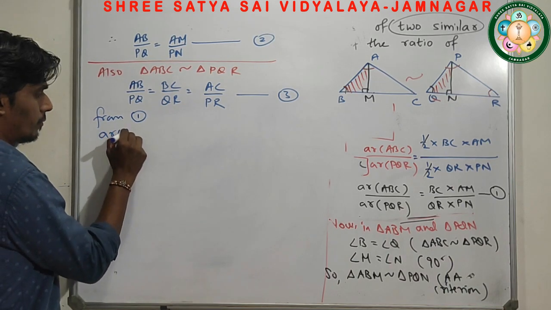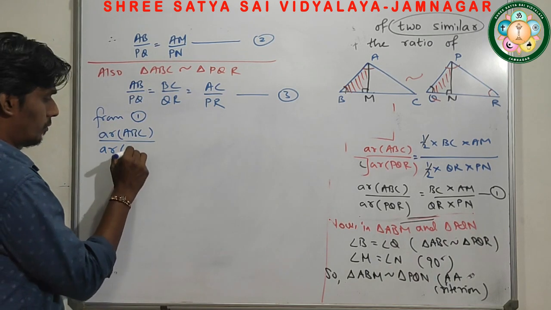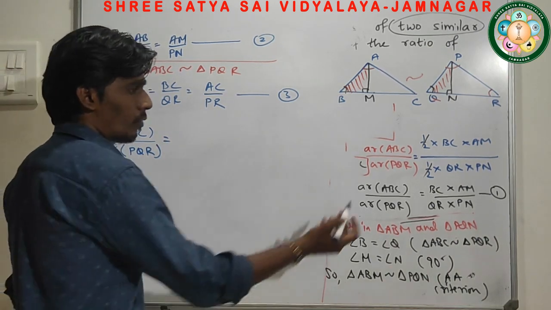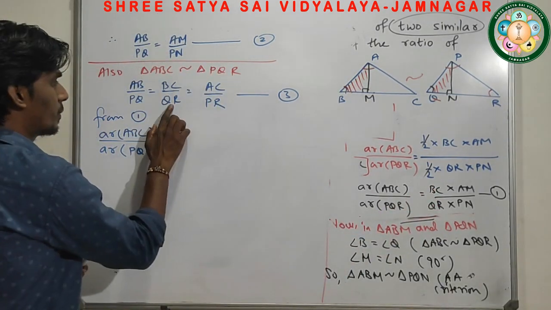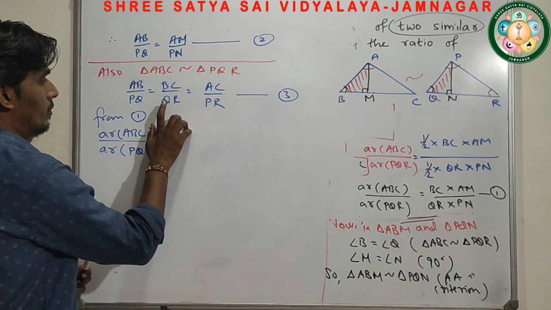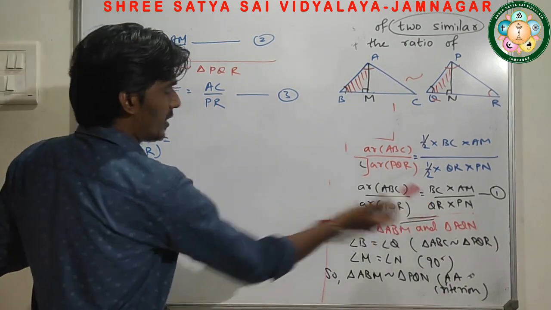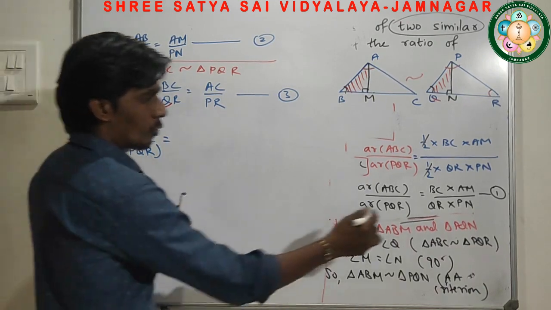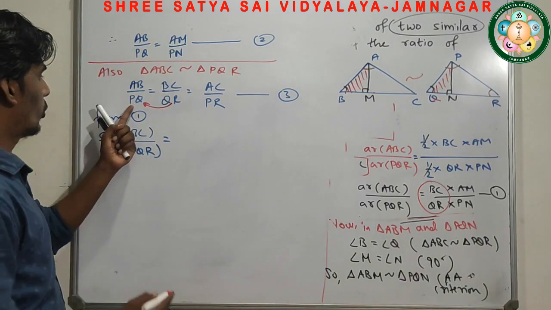Area of ABC upon area of PQR. Now I know that this BC upon QR is equal to AB upon PQ. So instead of this BC upon QR, I'm going to write what?